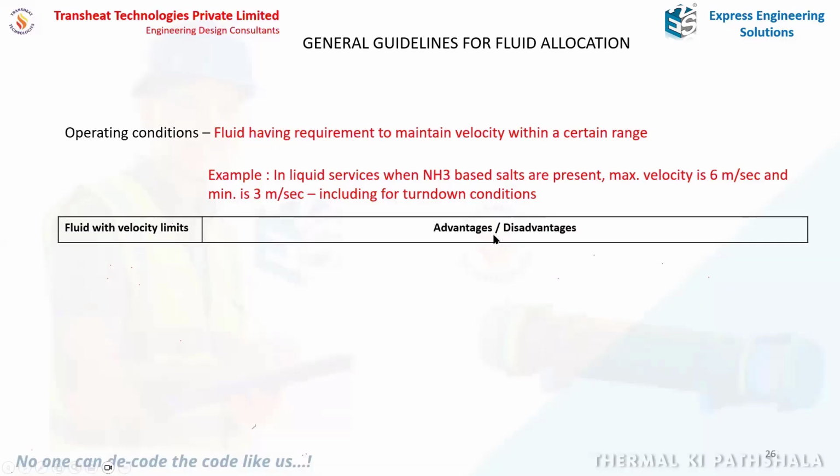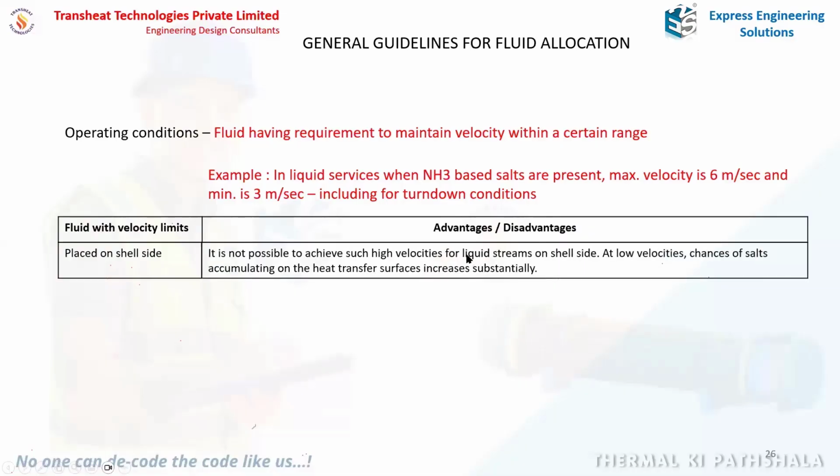In such cases, if you have that fluid on the shell side, it becomes difficult to achieve such velocities. Shell side velocities are generally much lower than velocities on the tube side. So it is not possible to meet such high velocities on the shell side, and at low velocities you are prone to accumulation of the salts on the heat transfer surfaces.